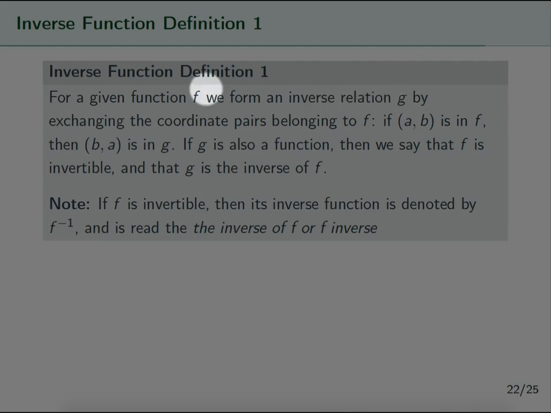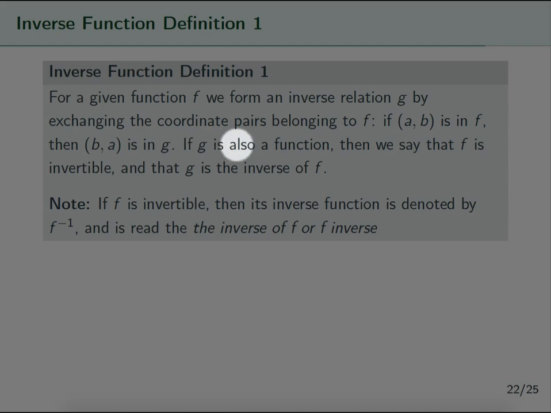So g and f are inverse to each other, by exchanging the coordinate pairs belonging to f. So for example, if a comma b, so a is input quantity, b is the output quantity, is in function f, then b comma a is in function g. So we invert the process by switching or exchanging the coordinate pairs.